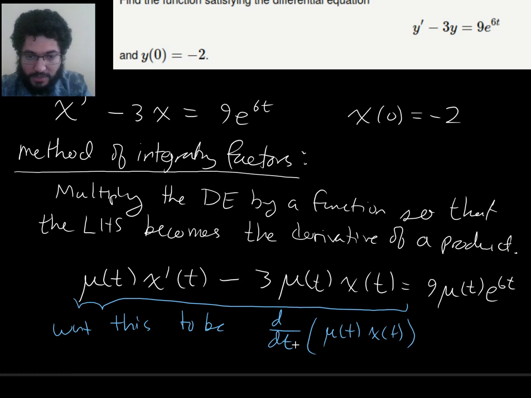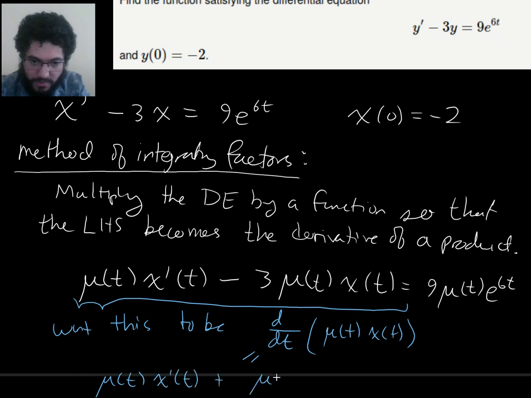So how do I find a good condition to put on mu to make this work? Well, I could just compute this derivative using the product rule. So this would be mu of t x prime of t plus mu prime of t x of t. That's what this would be, right?